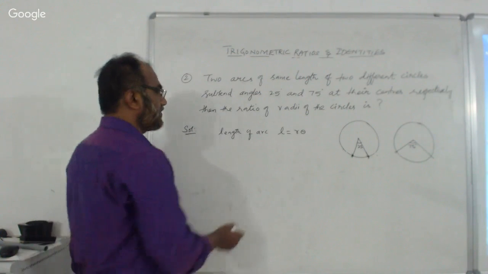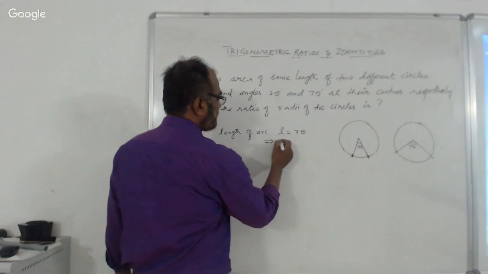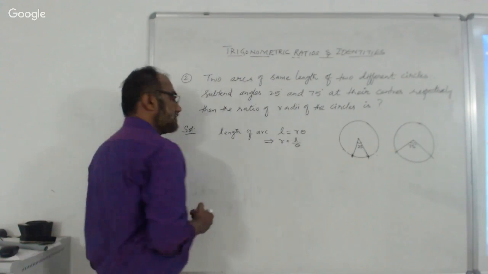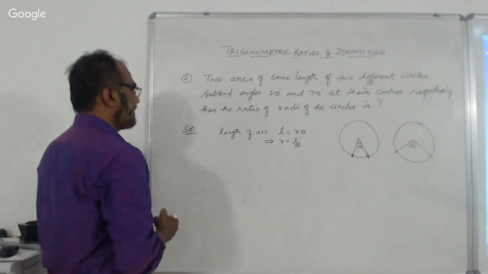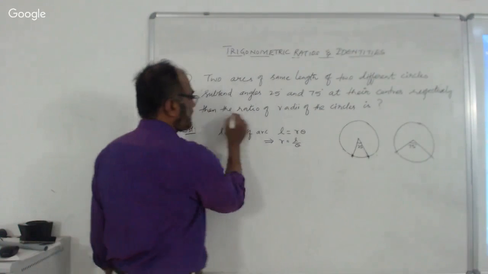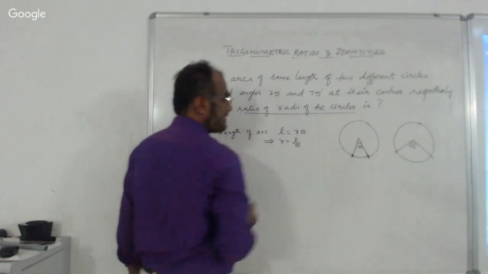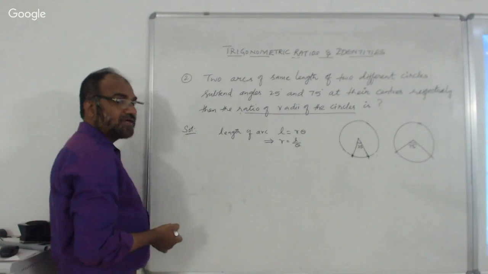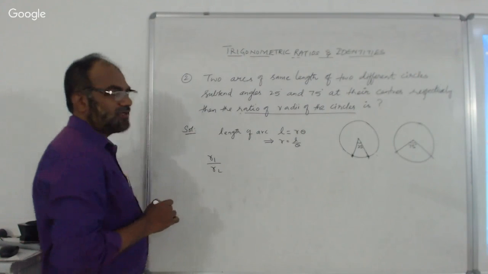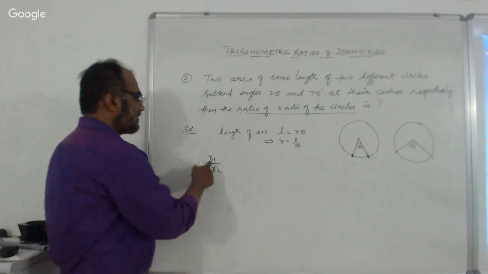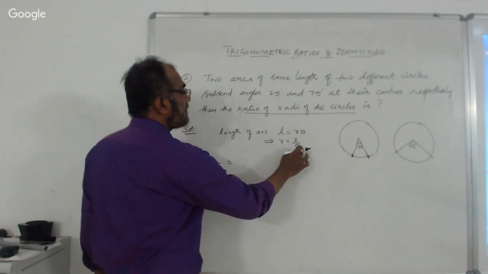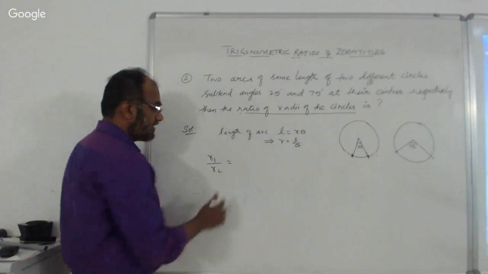So R is equal to L by theta. Now let us find the ratio of the radii of these two circles. R1 will be L by theta 1.